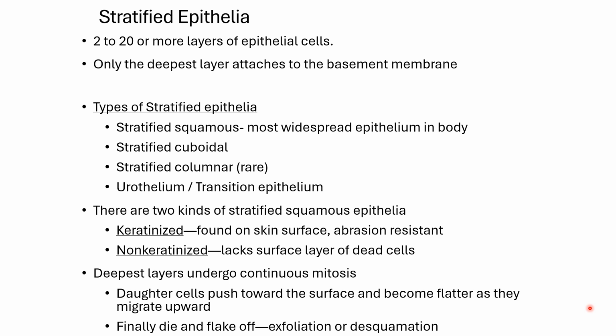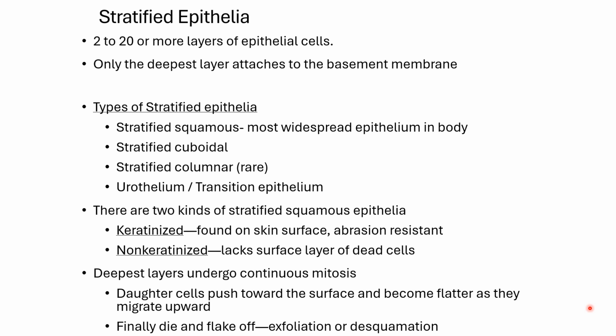For example, stratified squamous is composed of squamous cells. Stratified cuboidal has got cuboidal cells on the surface. Uroepithelium or transitional epithelium is another type of stratified epithelium.